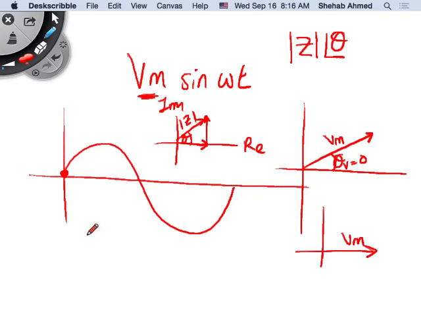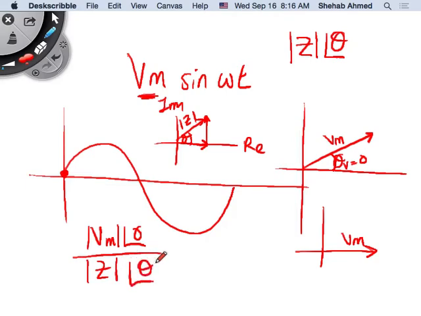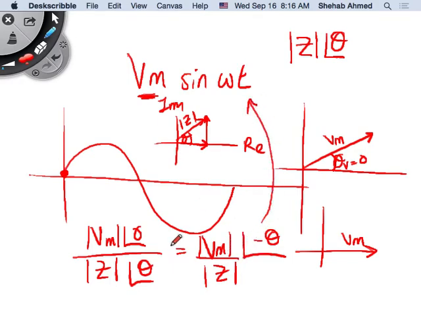So if I have V maximum angle 0 over Z angle theta, then that's exactly the same as V maximum over Z angle minus theta, right? So if I would like to take this phasor and represent it in the time domain, how would I do that?